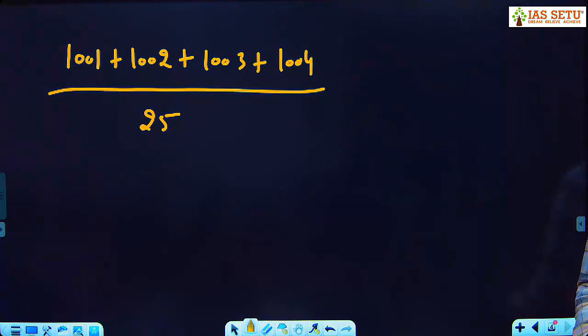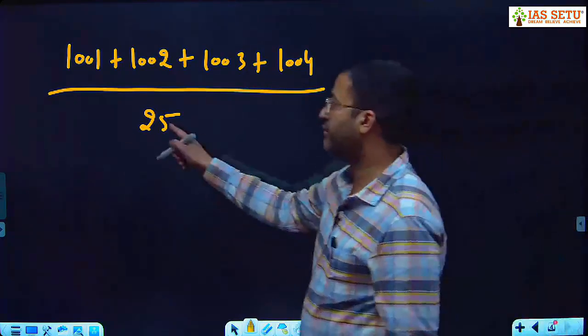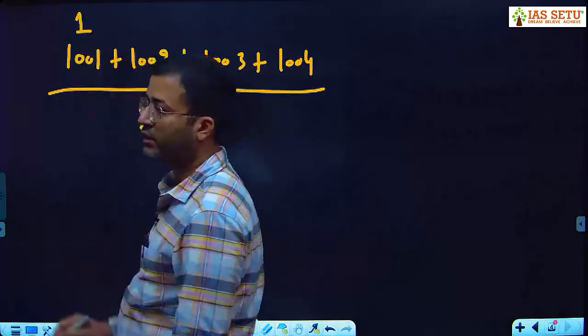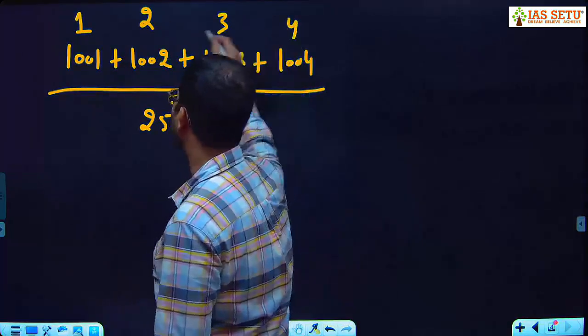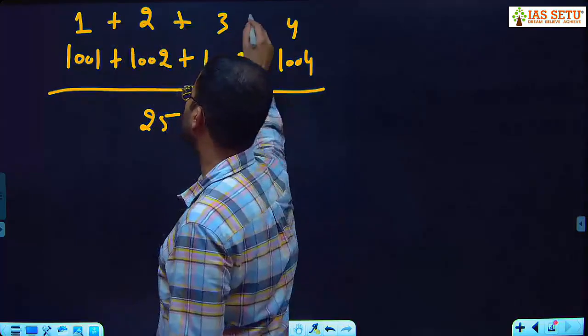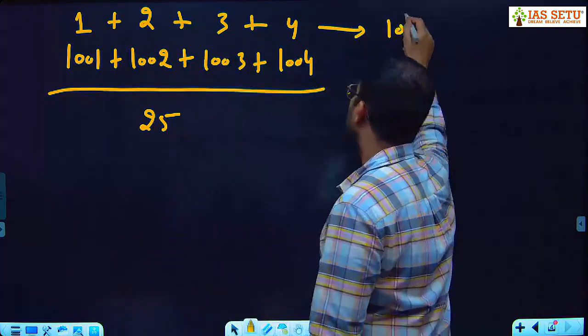What is your answer? So 1001 with respect to 25 give remainder 1. 1002 give remainder 2. This give you 3. This give you 4. And we add 3, 3, 6. 6 plus 4, 10. So our answer here is 10.